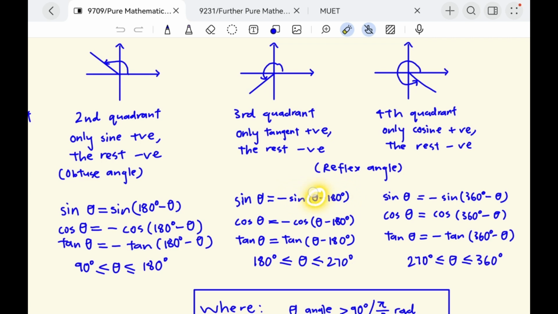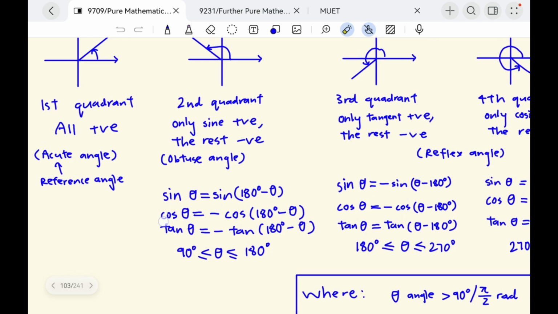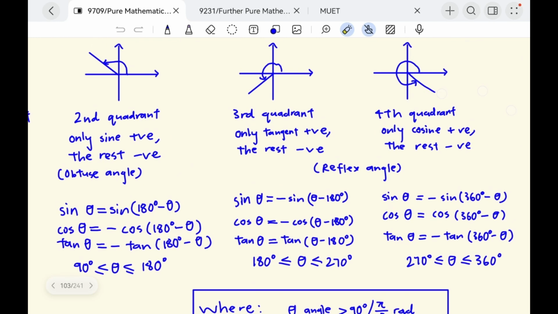Where the theta is the reflex angle for this case. Alright? So what about for this theta? It is an obtuse angle. So I would say, apologies, that this theta is not a reference angle but the obtuse angle. But in the end, this must be the reference angle as well as this one.